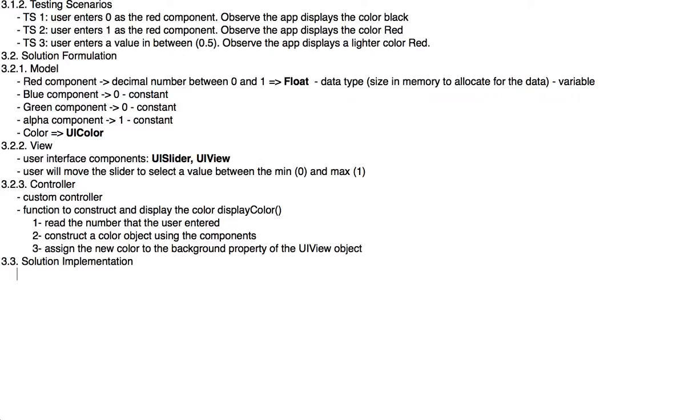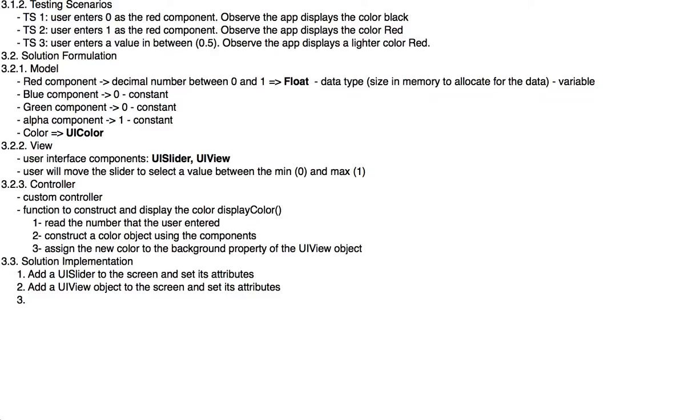So in the solution implementation, we follow these steps. So the first step, and you can take it in any order you want. Add a UI slider to the screen and set its attributes. Then step 2, add a UI view object to the screen and set its attributes.